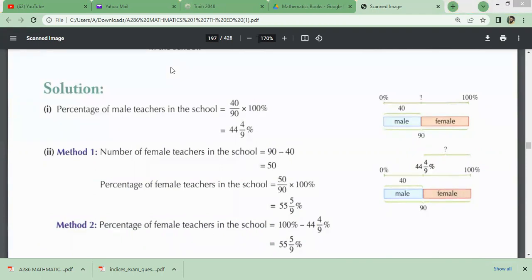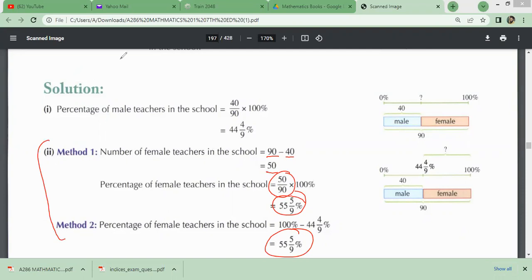The other method is that from the total teachers you subtract male teachers, you get the number of female teachers, and then again represent the female teachers as a fraction of the total number of teachers and multiply by 100, you get the percentage of female teachers. You can use either of these two methods, whichever you like.